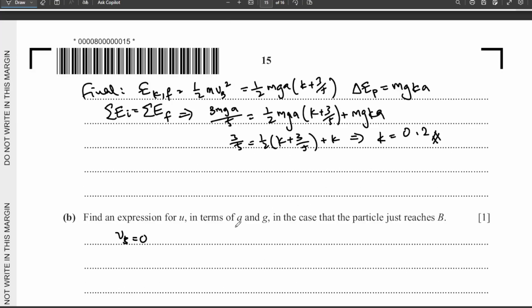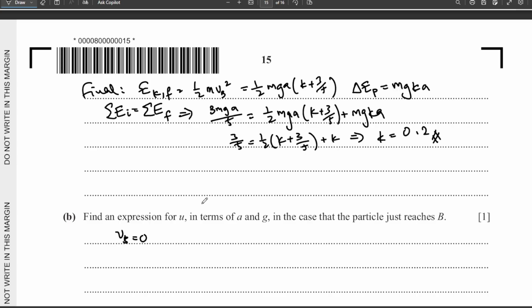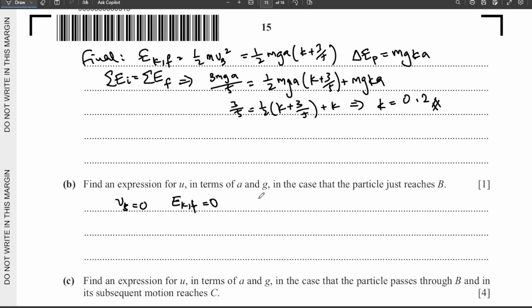VB equals 0 means the kinetic energy at the final point will be 0. All the kinetic energy from the initial is converted fully to potential energy at the end.